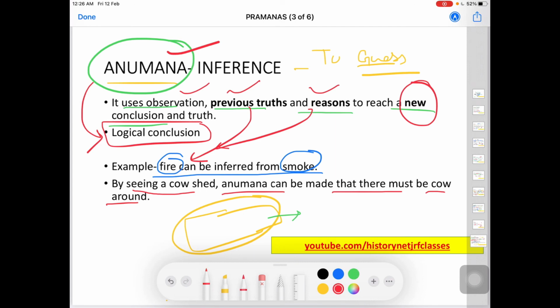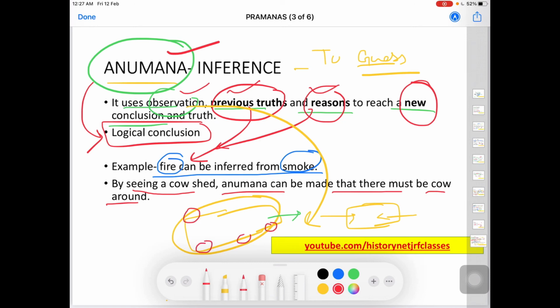You did it on the basis of previous truth, your own reasoning and your observation, that wherever there is any kind of bone or body remains under the ground, that means a cow must have been there. Or if you find any kind of post holes, that means that area was surrounded with bamboo or something like that.